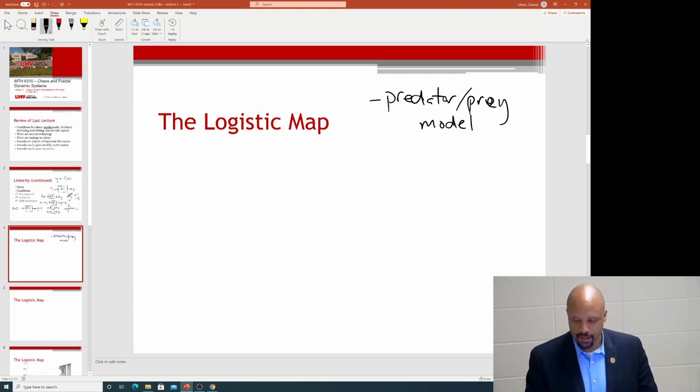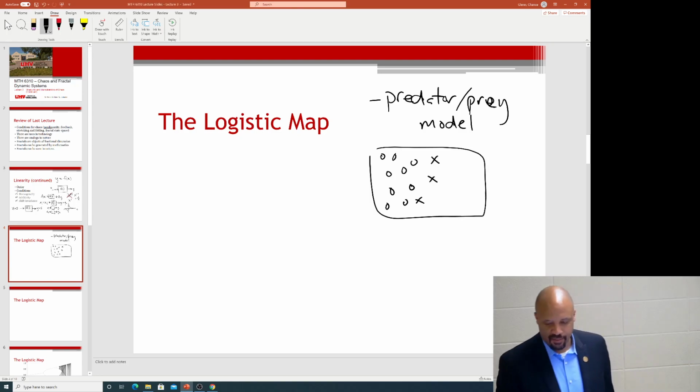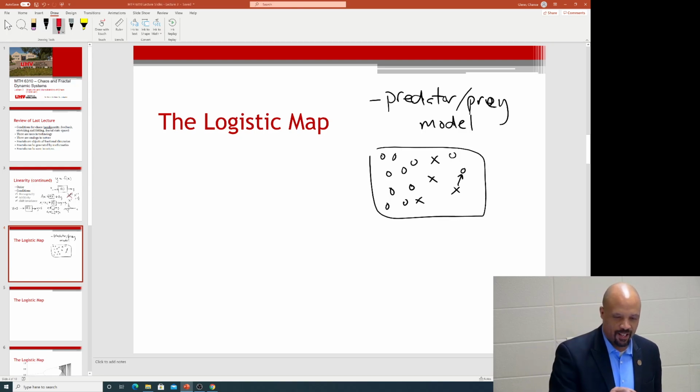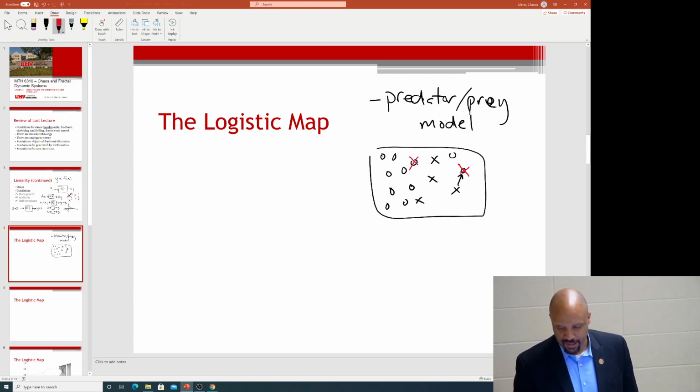Meaning, if you have an environment that's populated with prey, and here's predators, you could assign some ability for these prey to multiply, as well as the impact on the predators and what they do as far as, and I'll use my red again, eliminating prey, right?